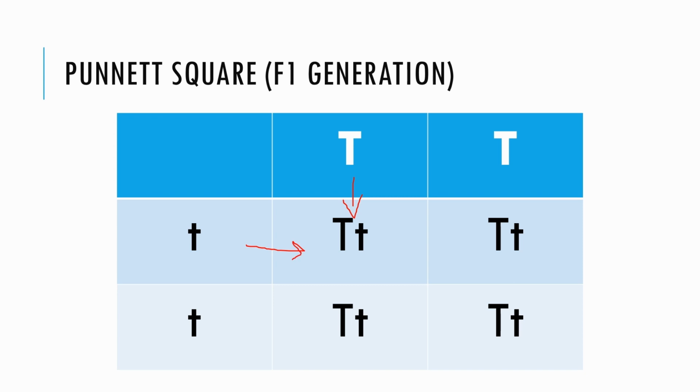It results in one big T and one small t. And you do it downwards again. Looking at that one, you go downwards and you go here, and it results in one big T, one small t. And the same goes here, where you get one small t, one big T.